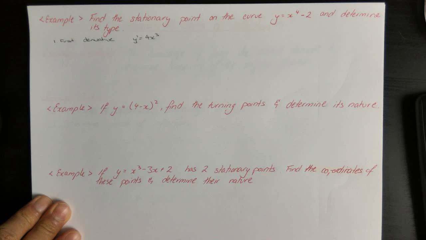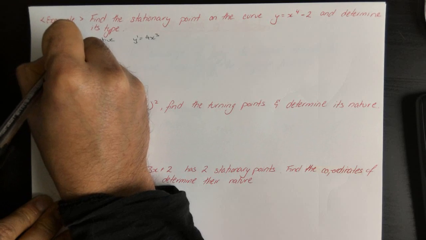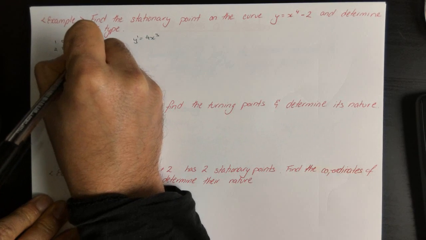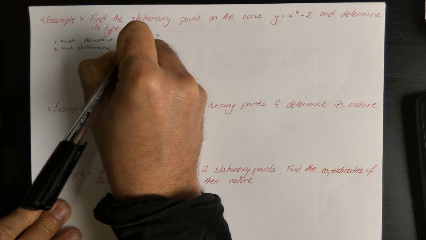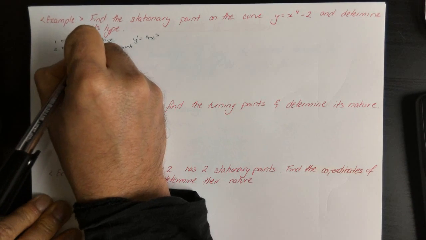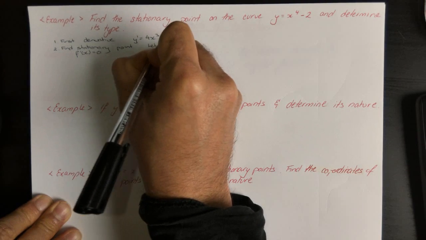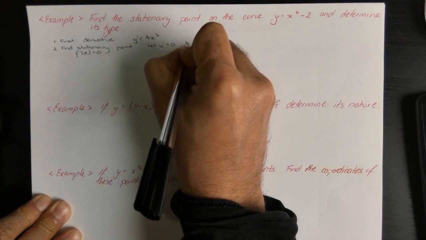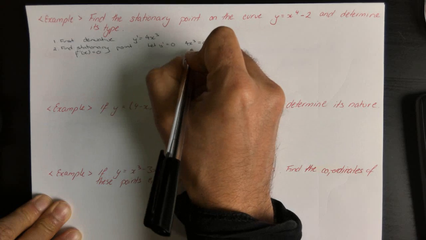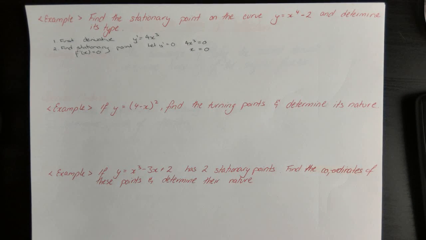Then we want to find the stationary points. That's going to happen when the first derivative is 0. So we get 4x cubed equal to 0, so x has to equal 0.